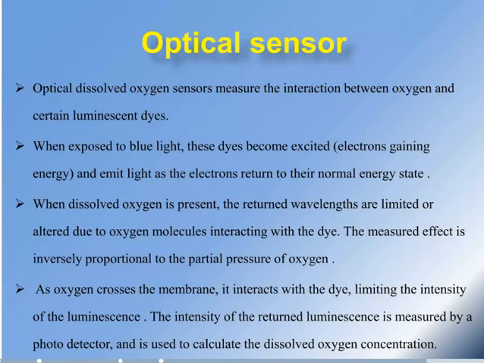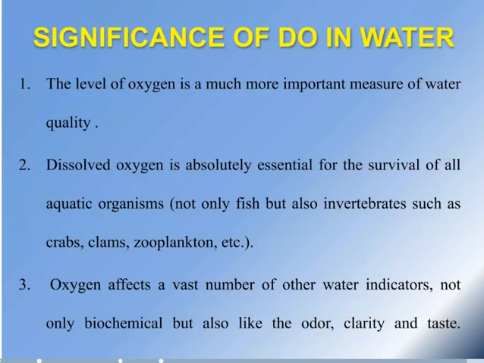The measured effect is inversely proportional to the partial pressure of oxygen. As oxygen crosses the membrane, it interacts with the dye, limiting the intensity of the luminescence. The intensity of the returning luminescence is measured by photodetectors and used to calculate the dissolved oxygen concentration.